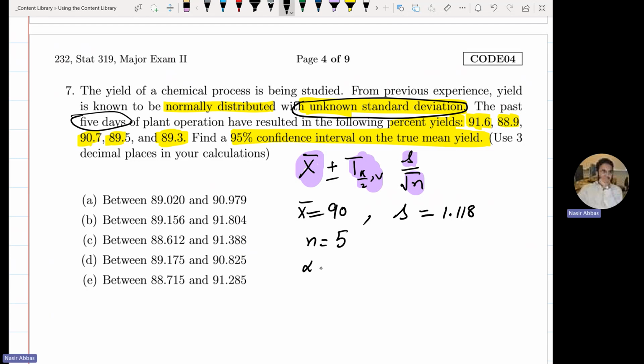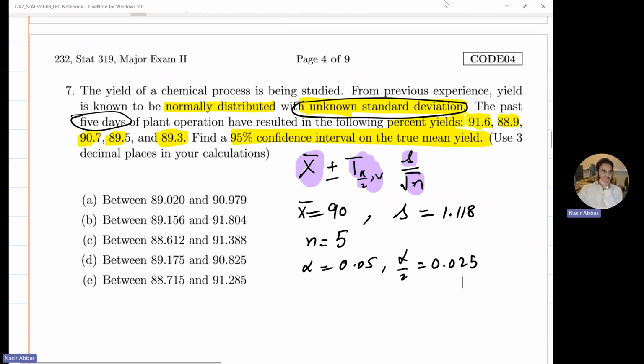Then alpha, what is alpha given to you in the question? 0.05, alpha by 2. Will I take 1 minus alpha by 2? For T table, no. For Z table, yes. That's the difference between Z and T. When you go to Z table, you do an additional step of doing 1 minus alpha by 2. When you go to T table, you look for alpha by 2, not 1 minus alpha by 2.